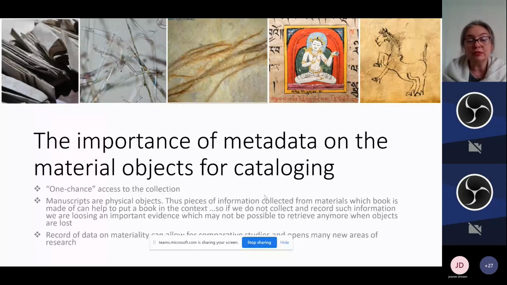First of all, in our case it's usually one chance of access to the collection. We never know if the same collection will be available next year, for example. So we always try to do the maximum, whatever is allowed. It already happened, for example, with the Mardonk collection, which, as I mentioned to you already, was brought from the caves to Chode Monastery in 2008.